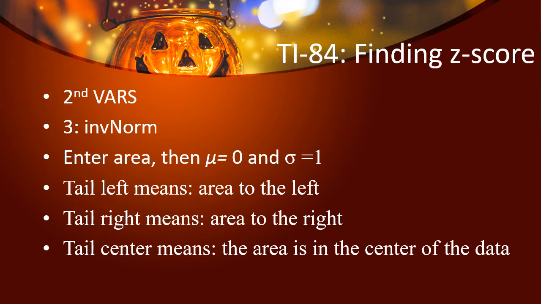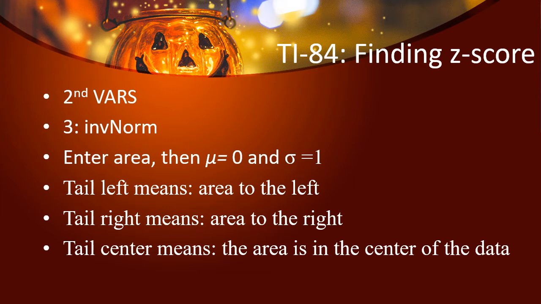I would enter my area and then enter mu as 0 and my sigma as 1 in order to give me a z-score. But I don't have to find a z-score. I can actually find an actual value using the normal distribution instead of standard normal. And I'll talk you through that as we do the calculator.